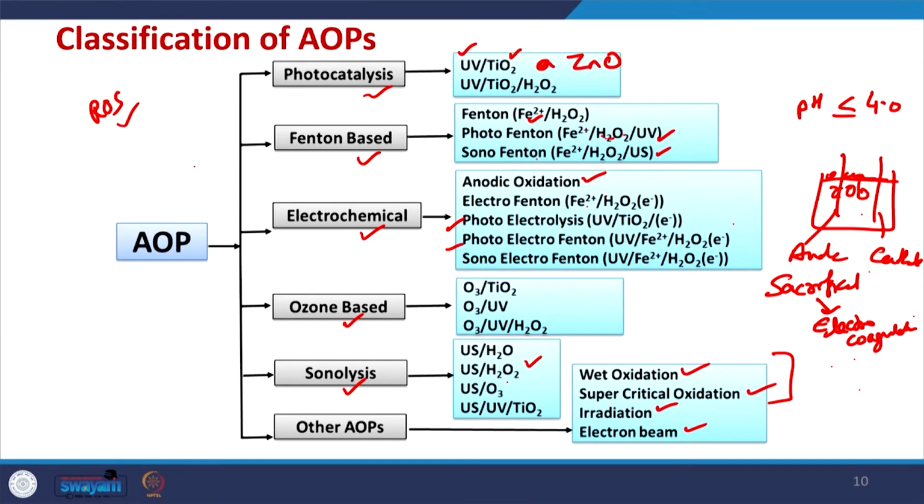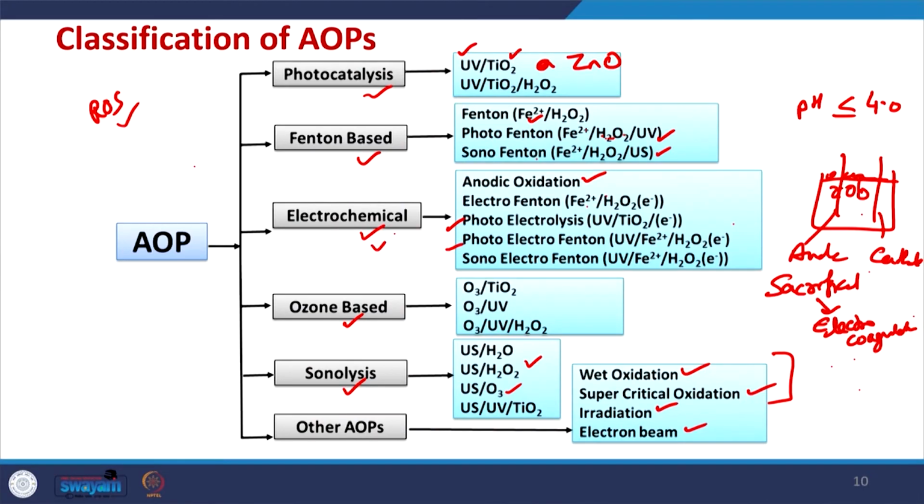Now, similarly, ultrasound along with H2O2 or ozone or any other technique can be used for generation of reactive oxygen species, and then these reactive oxygen species are able to degrade the compound.